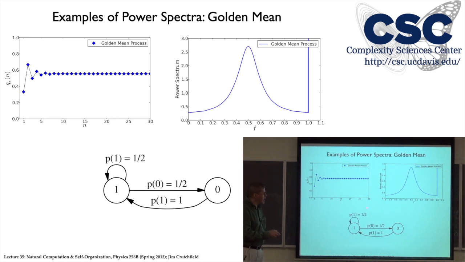And this is a period 2 process. And so, I'm sorry, this is a two-state machine. And so it does have a lot of period 2 character to it. So that's not completely unreasonable of an interpretation.